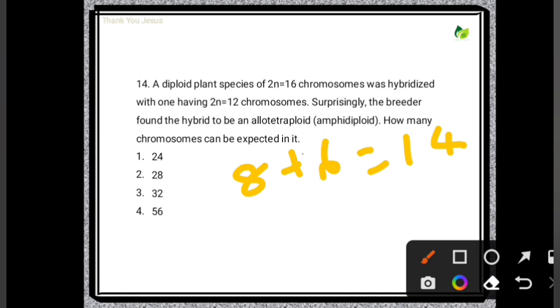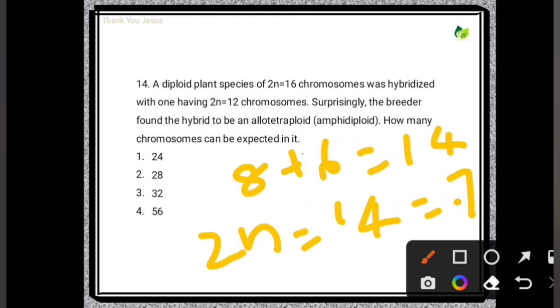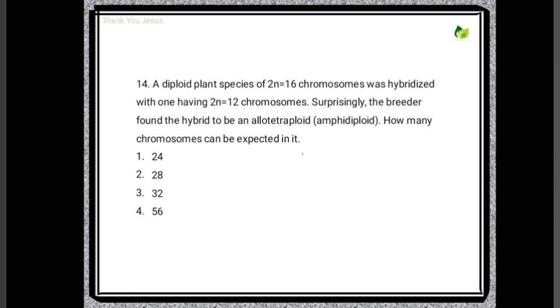Here 2n is equal to 14. That means haploid number is 7. Okay, the haploid number is 7. So allotetraploid having 4 times the chromosomes in a haploid organism. So 4n is equal to 28 chromosomes. Okay, so here the answer is 28.